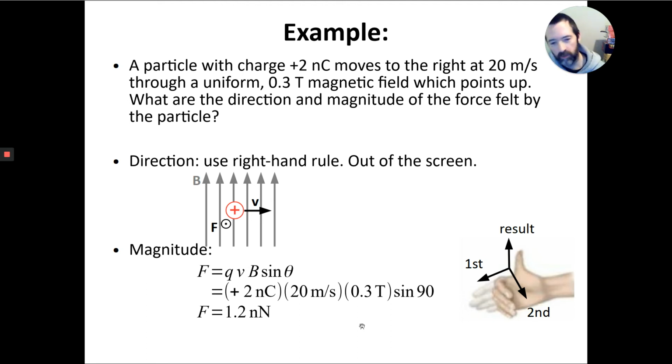A lot of the charges are going to be given to you in units that have metric prefixes on them because a coulomb is a lot of charge. And so if the problem is even remotely realistic, you're not going to see an entire coulomb of charge.